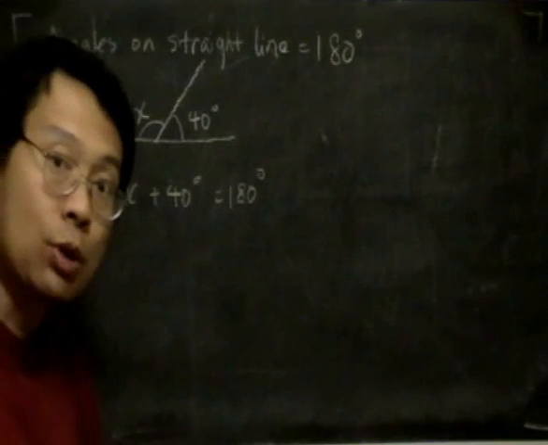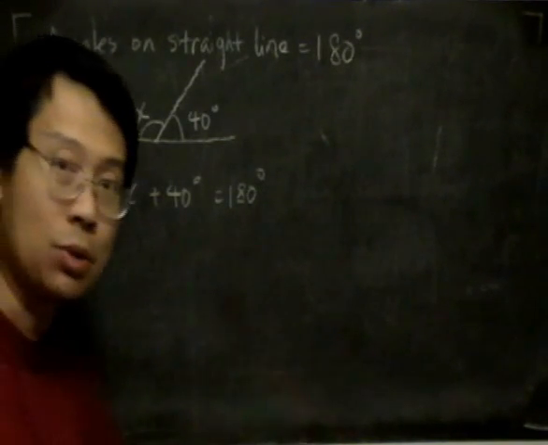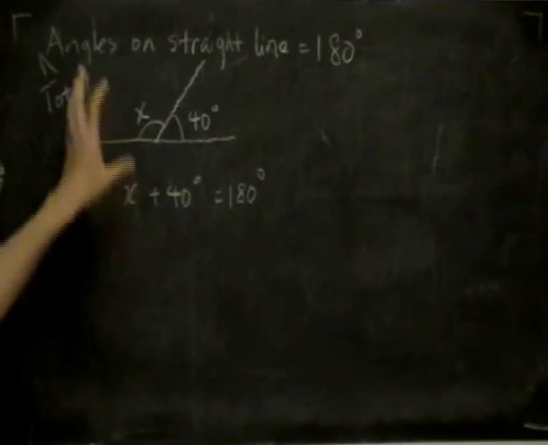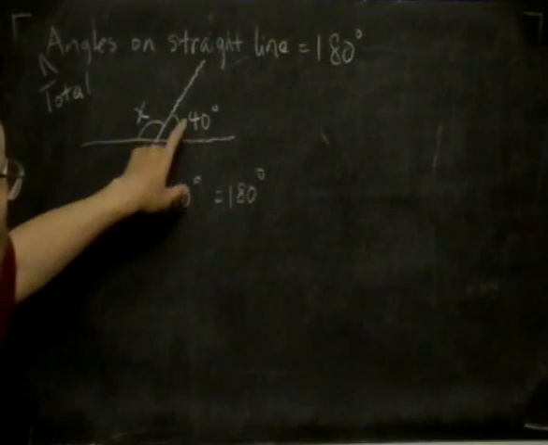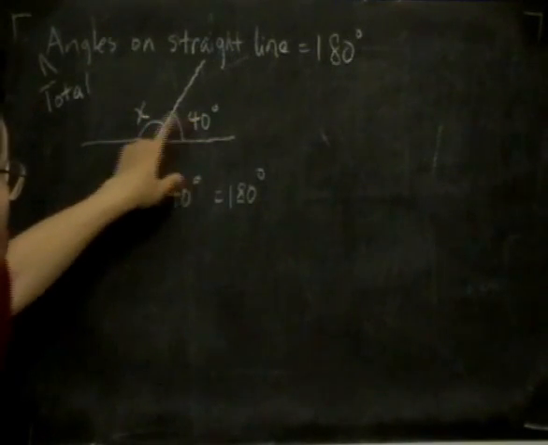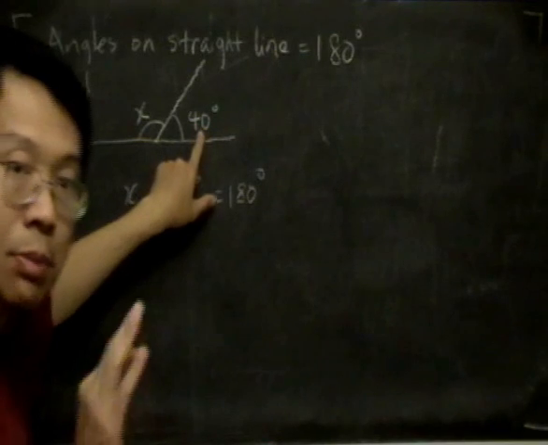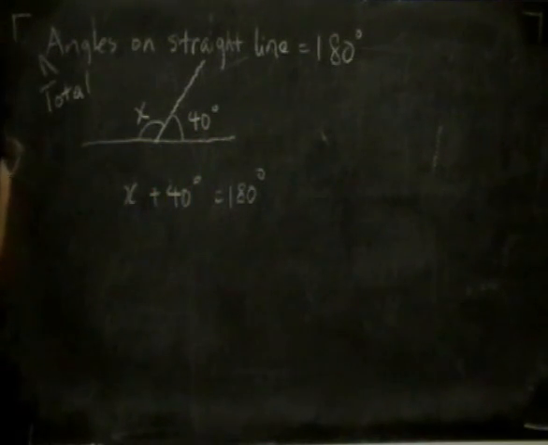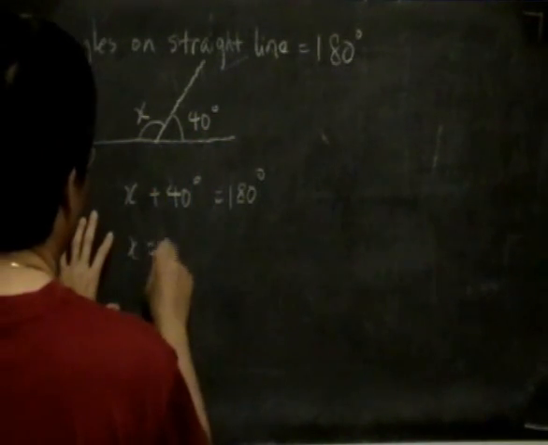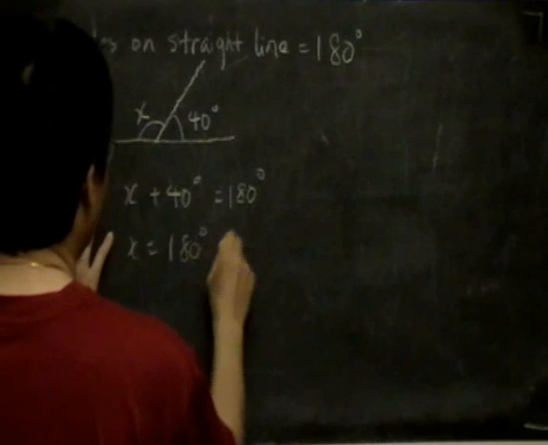But because this is quite simple, we don't really need to think about algebra, because all we need to do is, we know that the sum of those two angles is 180. So if you take 180 minus 40, you must get x. So therefore, x is 180 minus 40.